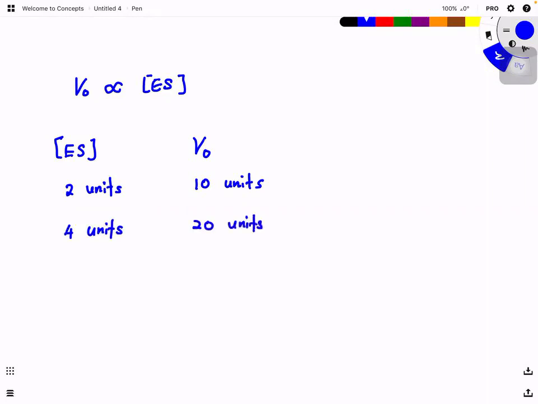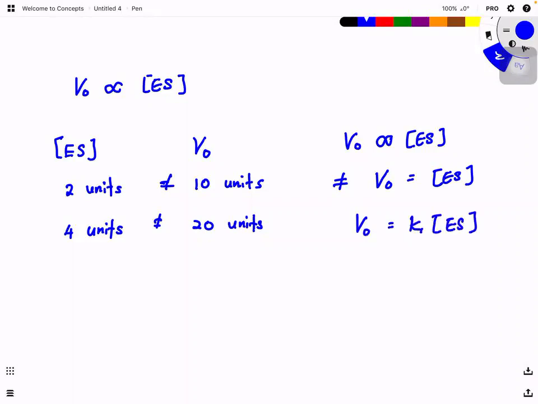So in this case, V naught is proportional to the ES complex concentration, but it doesn't mean that V naught equals the ES complex concentration, because 2 cannot equal 10. But we do know that V naught equals a constant multiplied with the ES complex, for example K2. So this constant equals 5. Can you see that it's something like a multiplier? So we call this a rate constant.